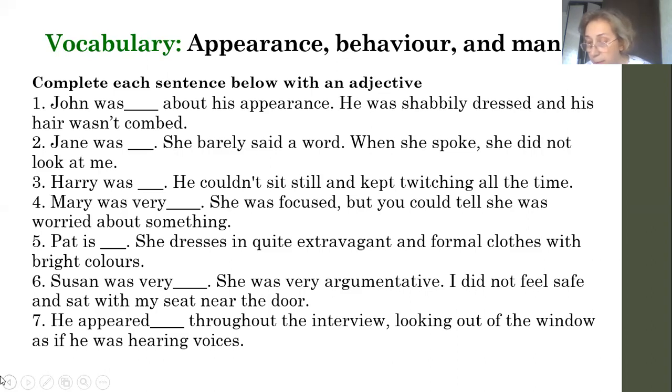Okay, Mustafa Sabir, please. Number 5. Yes, doctor. Beth dresses in quite extravagant and formal clothes with bright colors. When people are dressed in bright clothes, they are trying to attract the attention of other people.